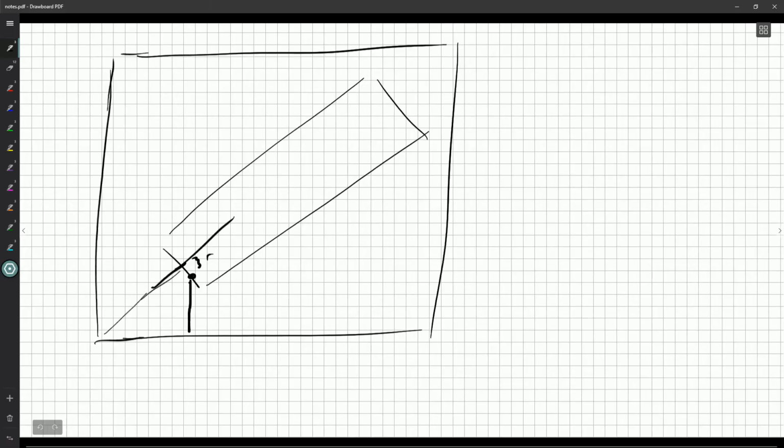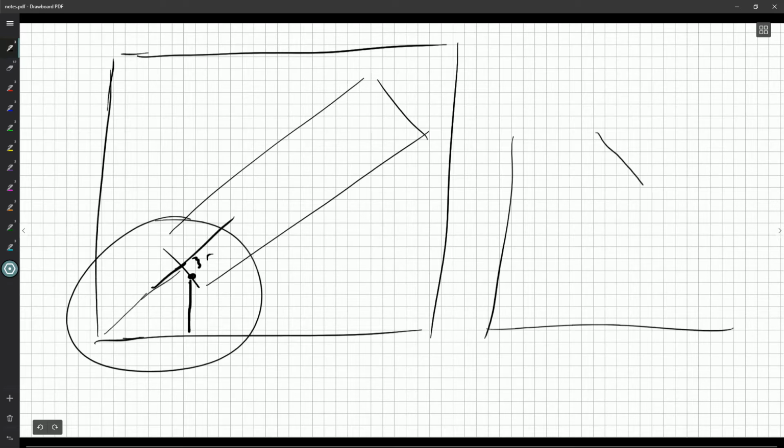Okay? So if I zoom in on sort of this area here, now it's the diagonal of a square base, so we've got a 45 here and a 45 here. The distance off from the center that we hit is r. Nice little right angle here.